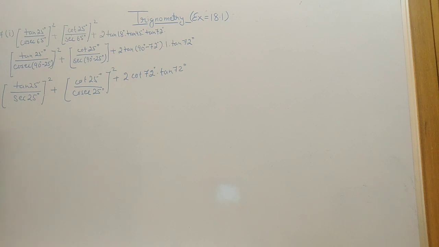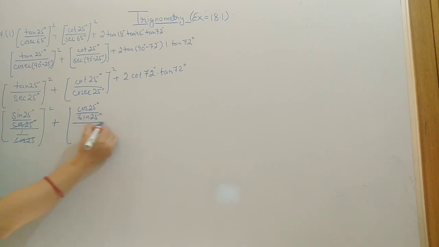Here if this tan you can change it into sin by cos, and sec is 1 by cos. Sin 25 by cos 25 by 1 by cos 25, whole square. So cos 25 will cancel out from denominator. Similarly in the second one, cot we can write as cos 25 by sin 25 divided by 1 by sin 25.